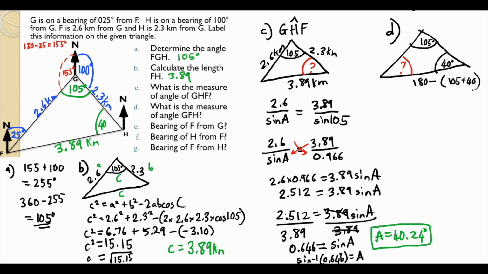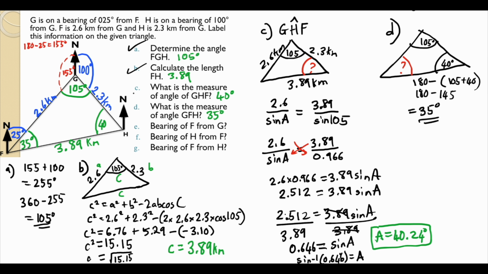Good. So in this case, 180 minus 145, which is equal to 35 degrees. So we know that here is 35 degrees. So we did this, we did this. So this worked out to be 40 degrees. This worked out to be 35 degrees.